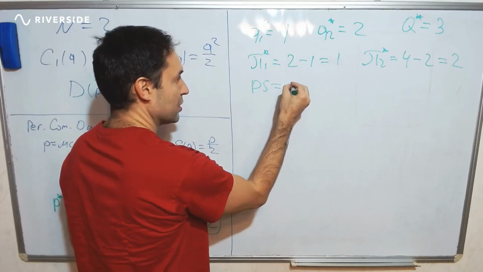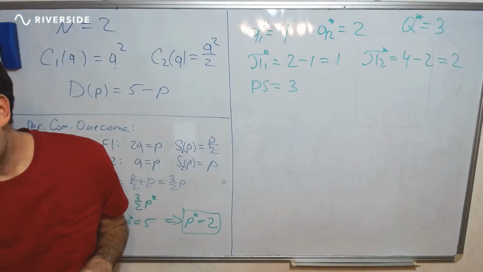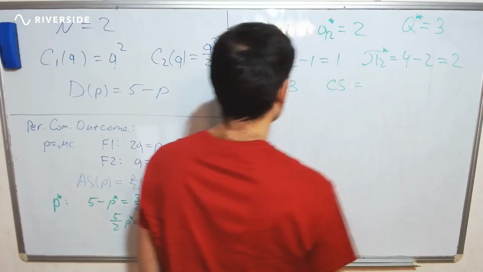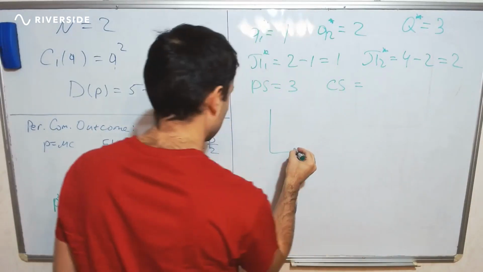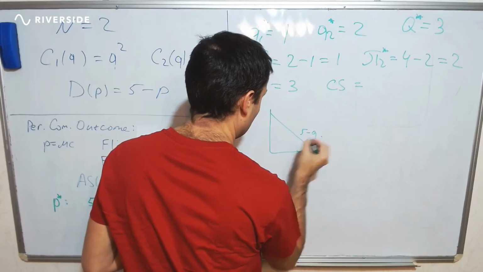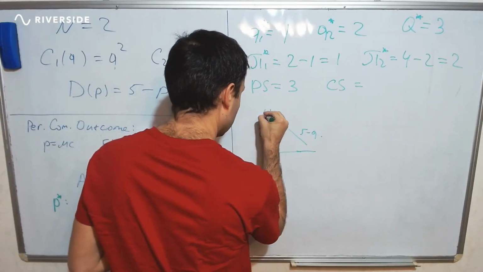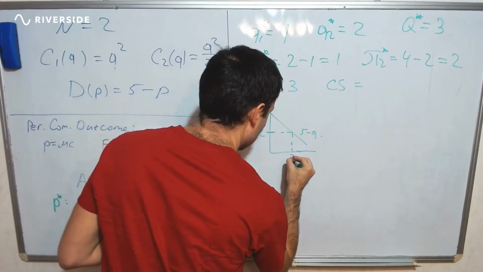Producer surplus will then be just the sum of the two profits, which is 3. Consumer surplus: just recall that our inverse demand is 5 minus Q, the price is 2, it starts at 5 here, and our quantity is 3.